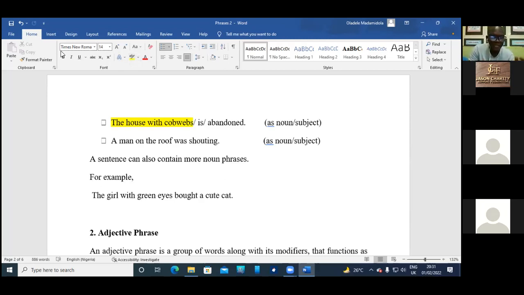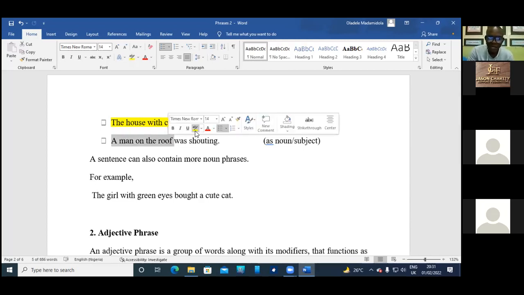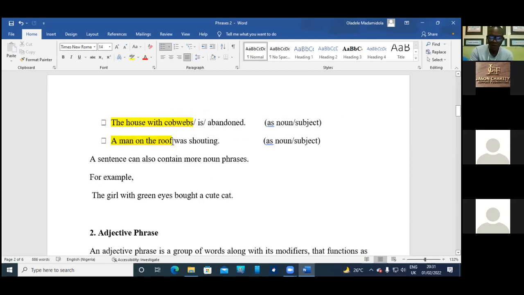The noun phrase is put together, a man on the roof. And why is it so? Can you tell me why everything here is the noun phrase? Because there is no verb. Yes, there's no verb. That is one.